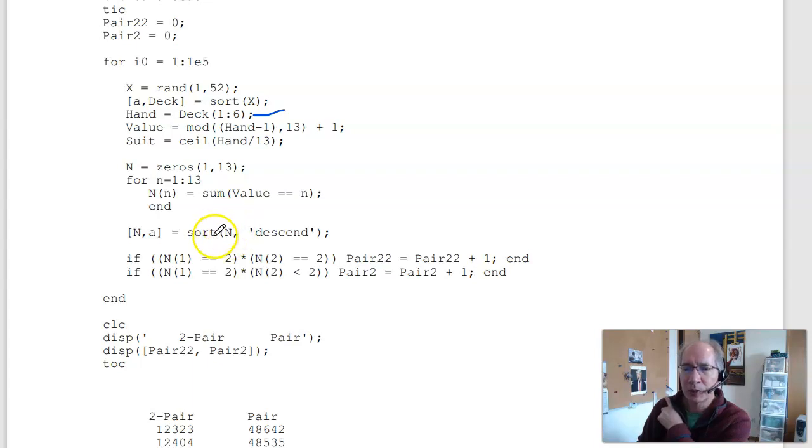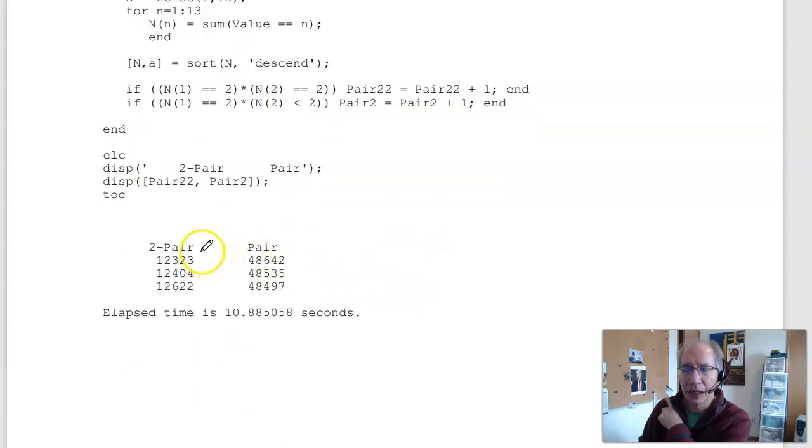So the most frequent card, if its frequency is 2, and the second most frequent card is also 2, I've got 2 pair. If the most frequent card is a 2, and the second most frequent is less than 2, I have 1 pair. Increment the counters, and when you're done, display how many hands I had of 2 pair, how many of 1 pair, and that should be your 12%, 48%.